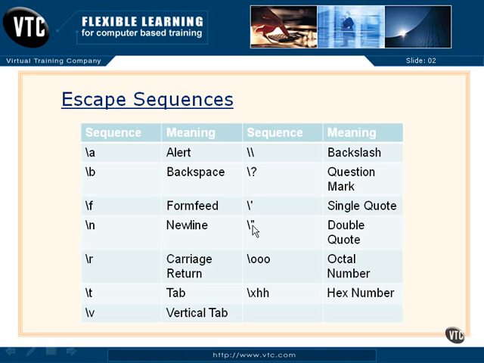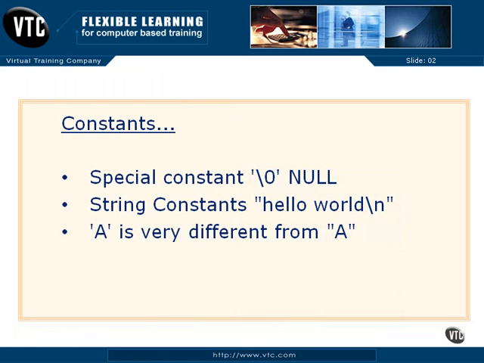Remember, hello world started with double quotes and ended with double quotes? Well, if we wanted to put a single quote or a double quote inside the string itself, we would have to escape it with a backslash in front of it. There is a special constant, backslash 0, which is null, all zeros.